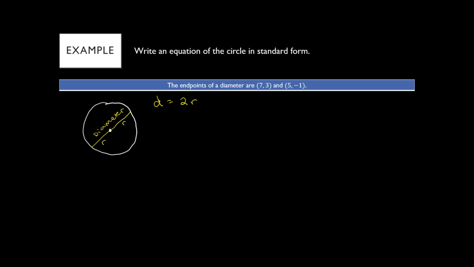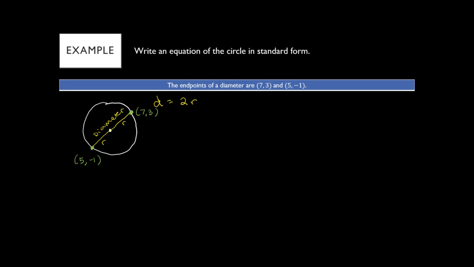So in this case, we're not given the center and we're not given the radius, but we know 2 points that form the diameter. One of them is (7, 3), and then the other one is (5, -1). So let's say I label this point (7, 3), and this one (5, -1). So I can get the center pretty easily.